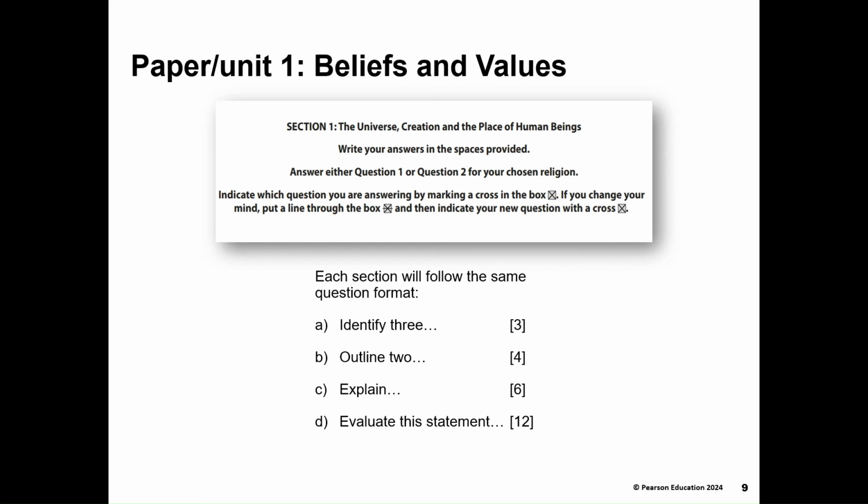Evaluate questions are assessed for both AO1 and AO2 and require candidates to analyse and evaluate a statement based on the beliefs and values discussed. So in total, candidates will therefore respond to 4 lots of 4 questions across the whole paper.